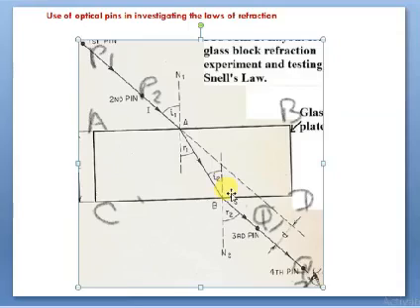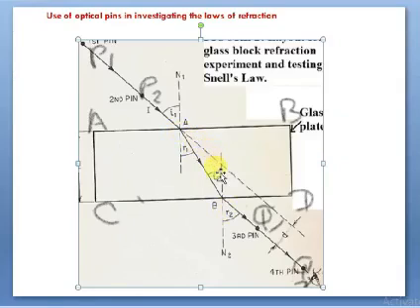Now when they are in a straight line, you remove it, you join these two pins using a straight line, and this straight line represents your emergent ray. Your emergent what? Ray. This angle is the angle of what? Emergence.